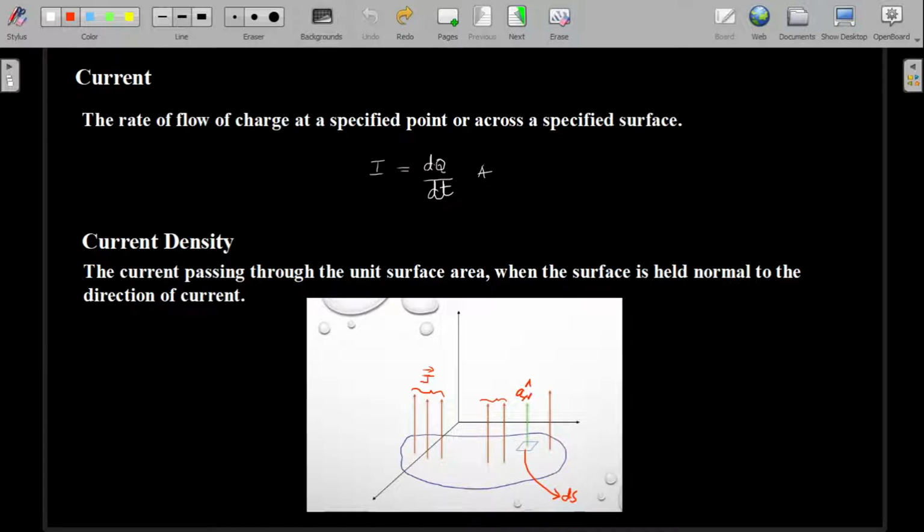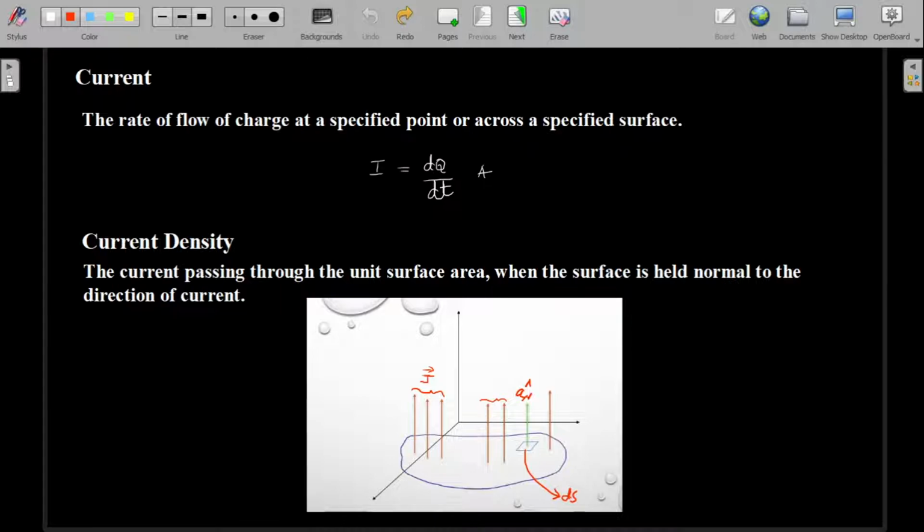Now this is considered as dq by dt because the rate of flow of charge means the flow of charge across some reference point for a given time. So that can be calculated as a rate.